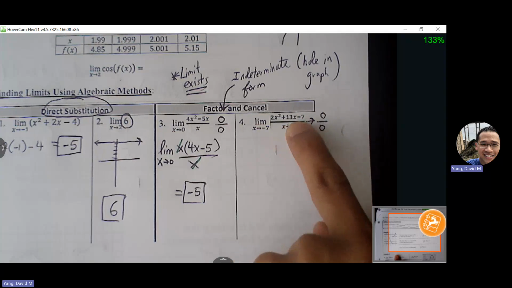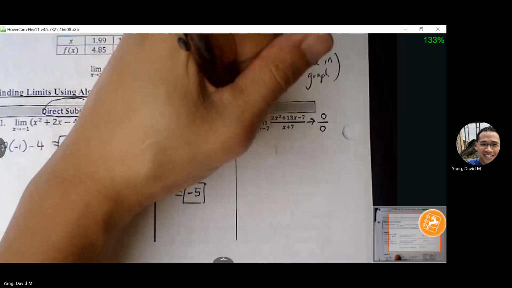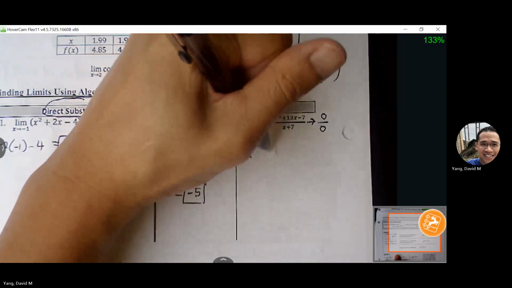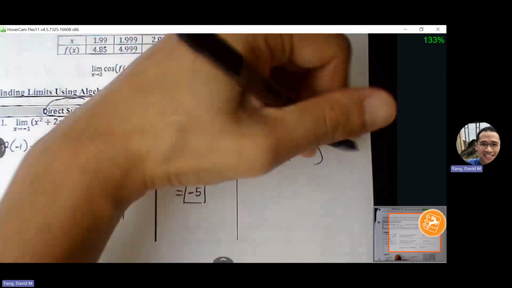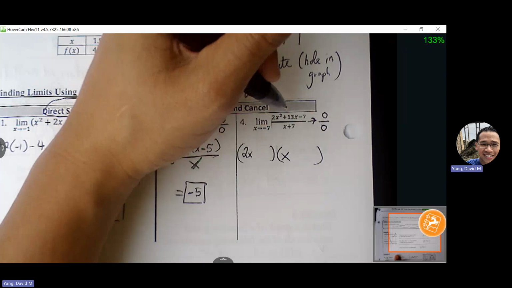So the way we keep going is we can factor. There's no GCF in the numerator, but we can do trinomial factoring. So go through whichever method you're comfortable with, whether it's grouping method or star method.